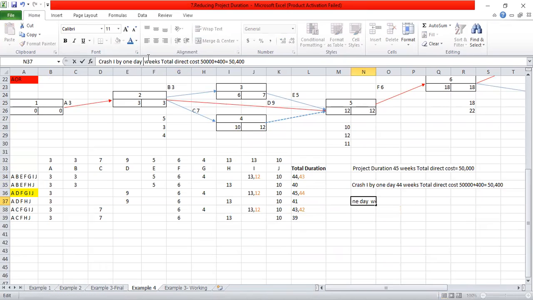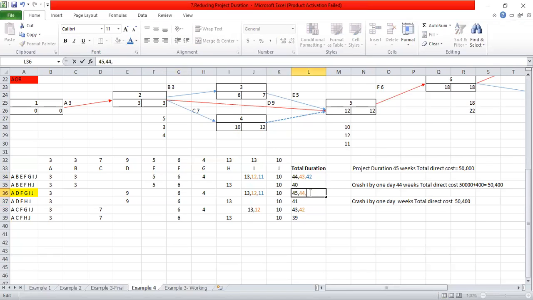So the weeks have to be changed and the cost has to be changed, right? So crash I by 1 day, that means it should be 11 here. So please do it with me, right? So the total duration is 42 here. So again 11.